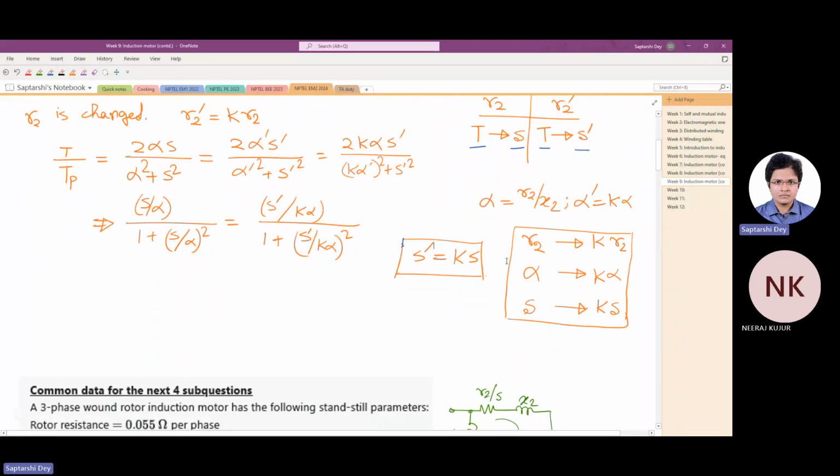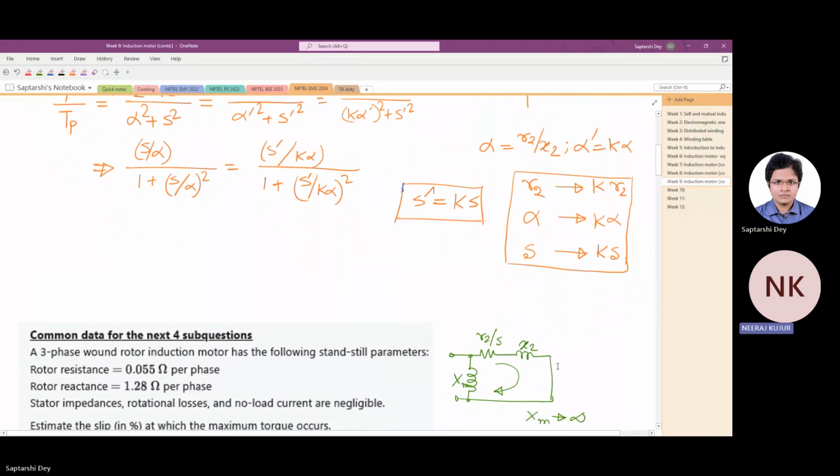That means if you change R2 by a factor of k, then alpha, the slip at which peak torque appears, also changes by a factor of k, and the slip for which any value of torque appears changes by a factor of k. That means if previously you were getting 10 Newton meter torque at slip S, now you will get 10 Newton meter torque at slip kS.